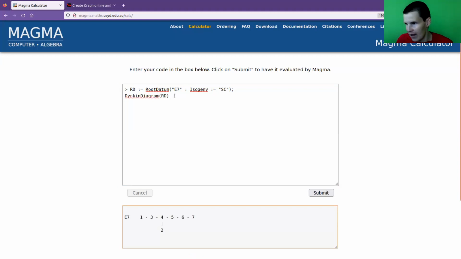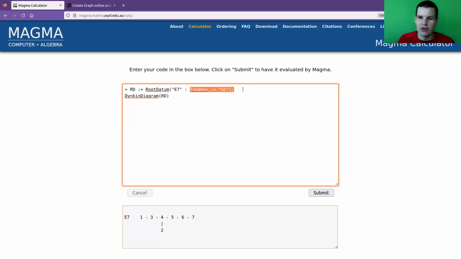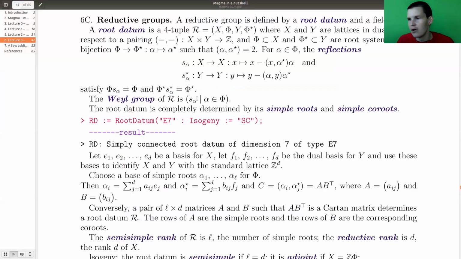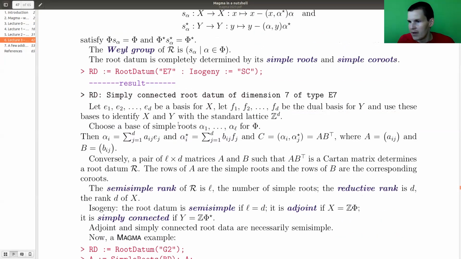And this would be E7. We could have gone for E8 or whatever. You get the point. So everything is already built in. You just need to use this one here. And there's some silly difference whether you want the adjoint system or not. Let me not worry about that too much. There are different ways to include the root system, whatever. And we want the simply connected one of dimension 8.